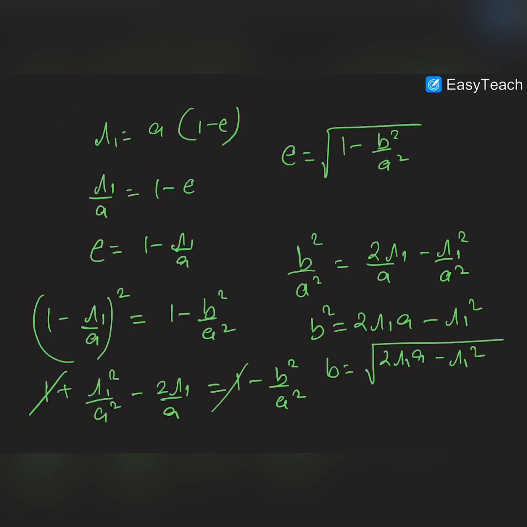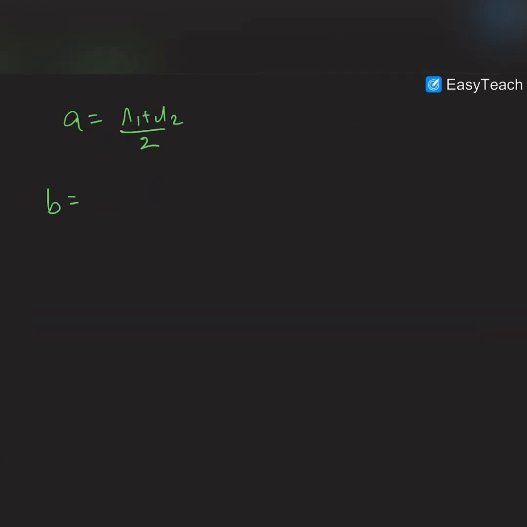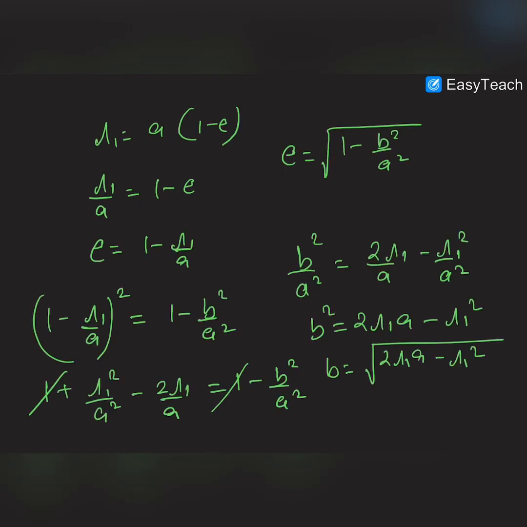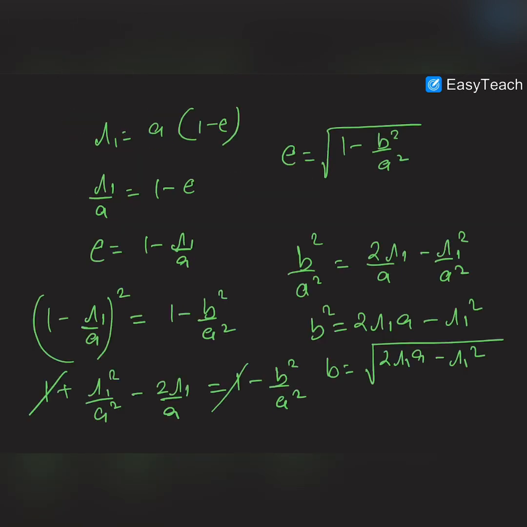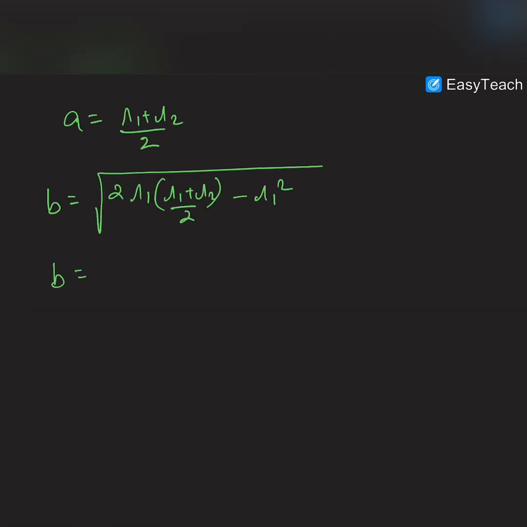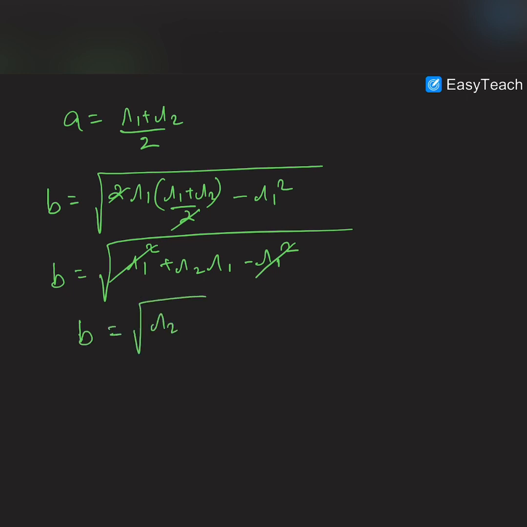So if we substitute this value here, b will be equal to under root of 2 r1 into a, where a is r1 plus r2 by 2, minus r1 square. Okay, so you can find out the value of b. It is under root of r1 square plus r2 r1 minus r1 square. So cancelling this r1 square, b is equal to under root of r2 r1.